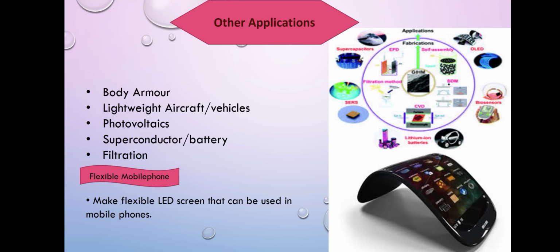Flexible mobile phones also use graphene. It may make a flexible LCD screen that can be used in mobile phones. As you can see on my screen, here is a flexible mobile phone, and this also shows flexibility, also made of graphene.